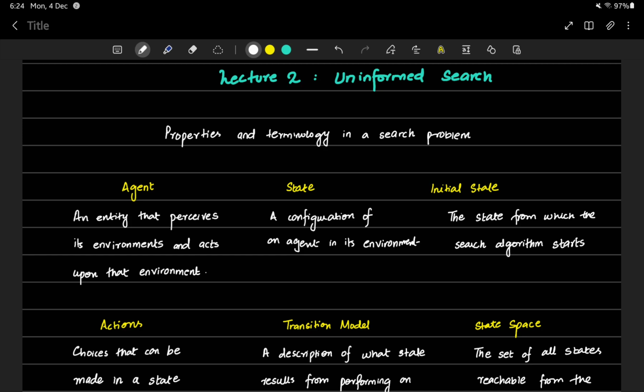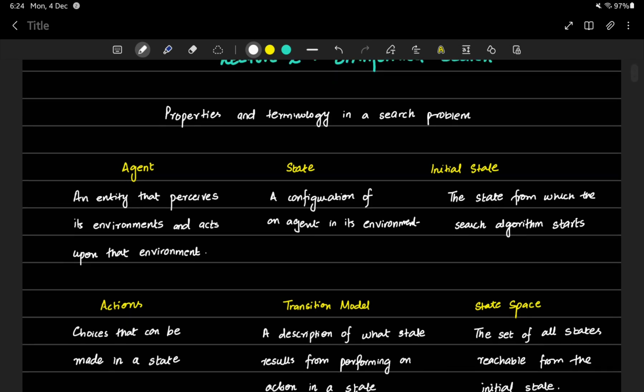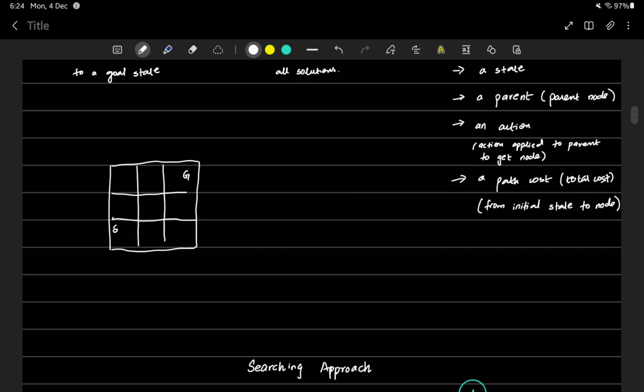But just to review, its formal definition is, agent is an entity that perceives, or you can say it's an entity that senses its environment and then acts upon it. So yeah. Now, what is a state? So state is nothing but just a configuration of an agent in its environment. That's it. I'll show you with an example.